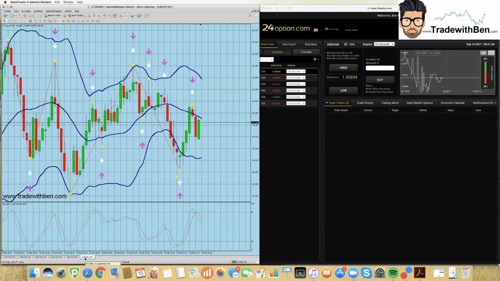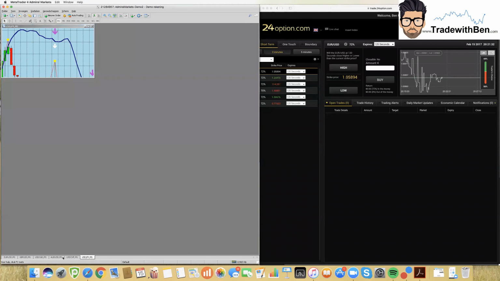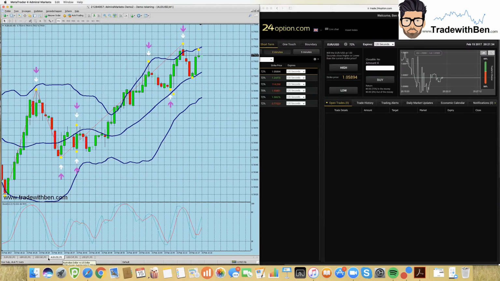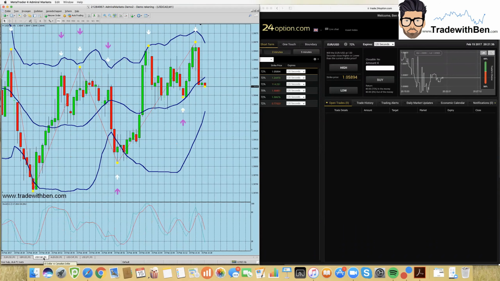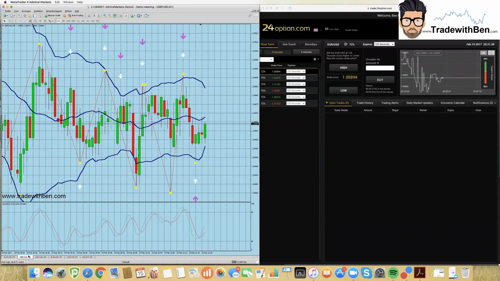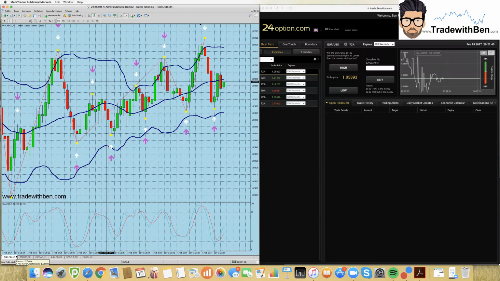So let's see if there is something. Basically not many trades popping up. And the thing is that these trades come in pairs, so that's the problem actually.